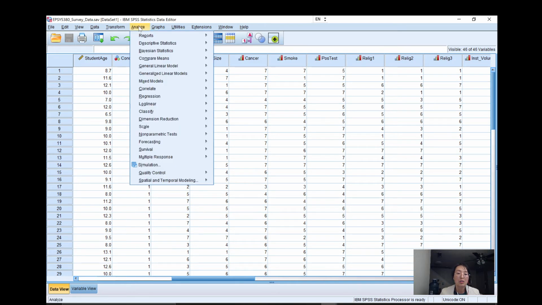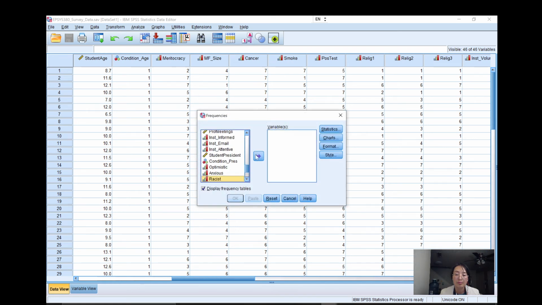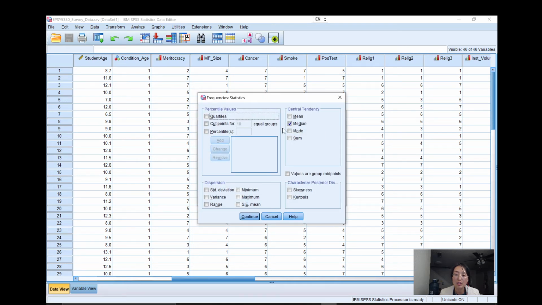So we will just go ahead and check the gender. We can select the frequency tables because, remember, we only have possibly 3 options for these gender options.